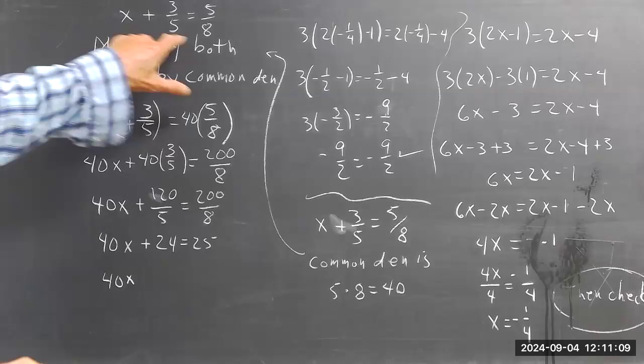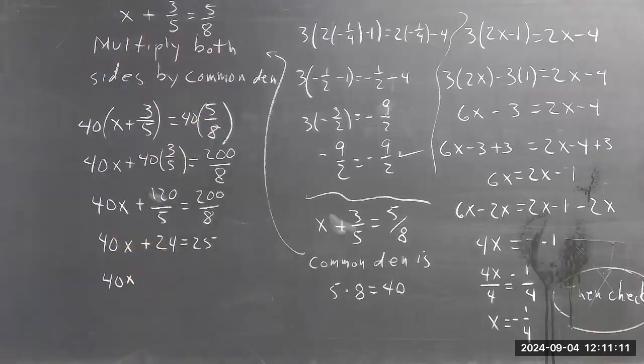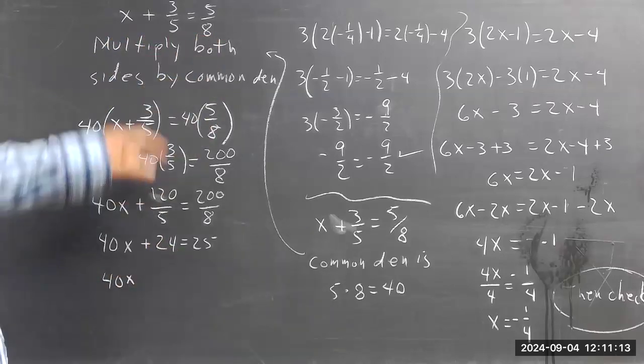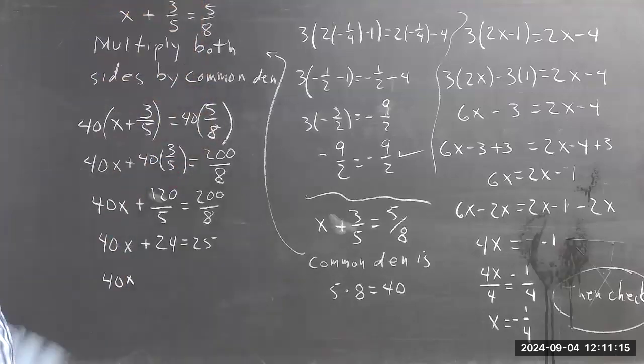Because you change these both to common denominator 40, right? Then you get 24 over 40 and 25 over 40, yeah. And then you combine the fractions. That works out, but it's actually easier this way.